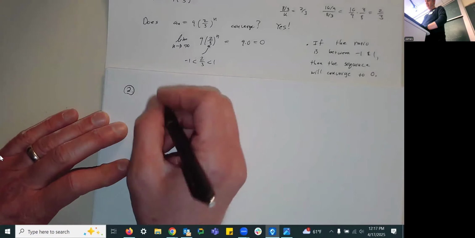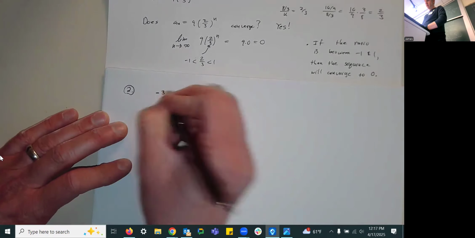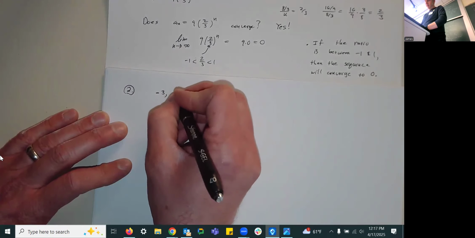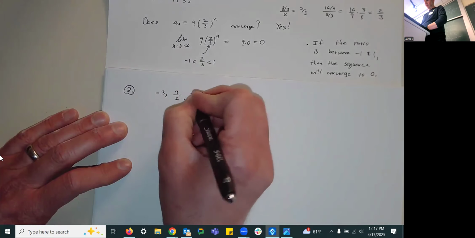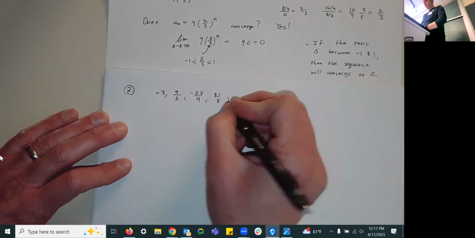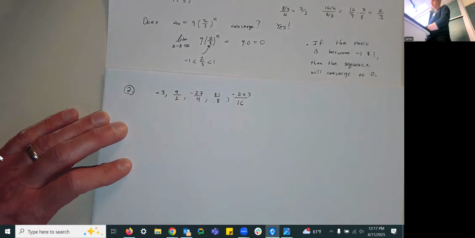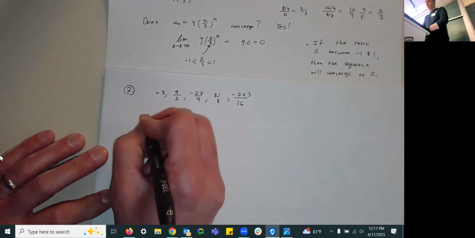Let's say our first term is -3, and then positive 9/2, -27/4, positive 81/8, -243/16. All I want you to do right now is figure out what the ratio is. What are you multiplying each term by to get to the next term? So that's what you should all be doing right now.